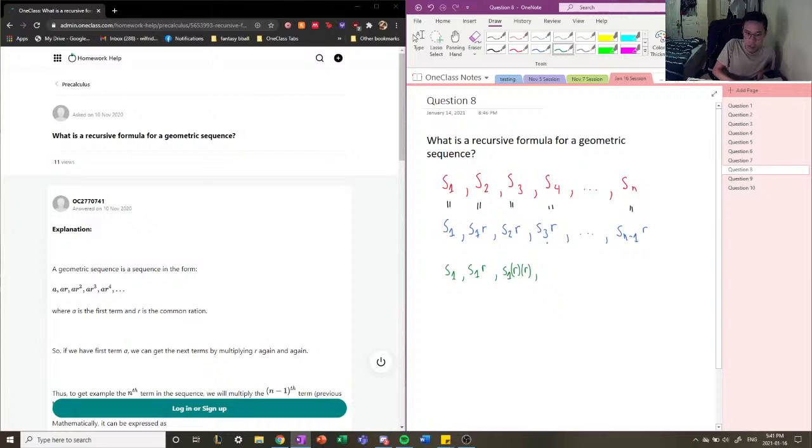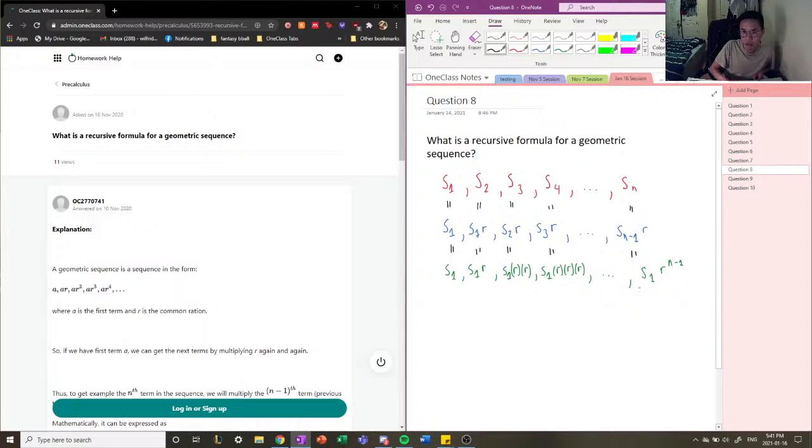S4, which equals S3 times R, can also be written as S1 times R times R times R. Okay? And if you keep going, Sn can be written as S1 times R to the power of n minus 1. Okay, so these are different ways of describing each term of the sequence, right? We can either describe them independently from each other, or related to the previous term, or related to the first term, right? So this is what a geometric sequence is.